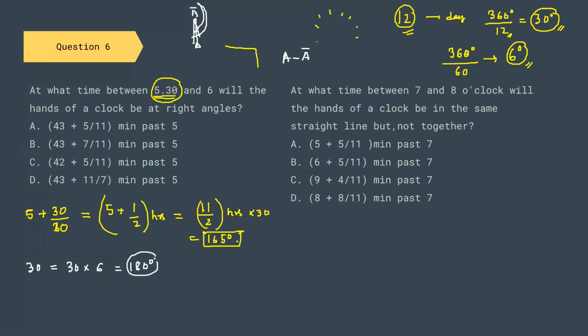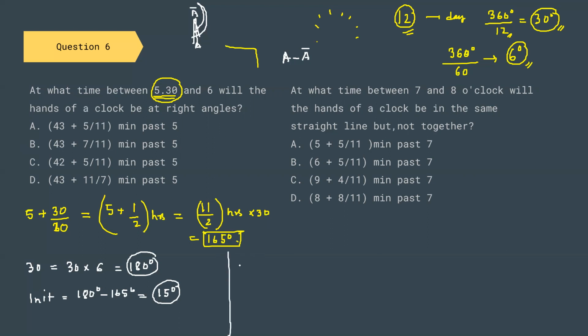We can see that 180 degrees is larger. So the initial angle is 180 minus 165, that is equal to 15 degrees.